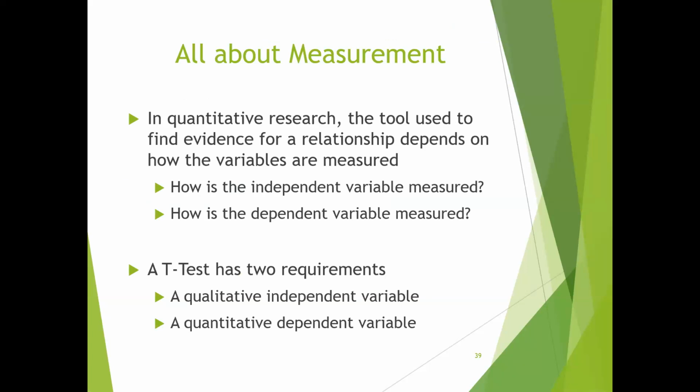One, how the independent variable is measured, and two, how the dependent variable is measured. We're going to start this conversation pretending that we want to figure out a relationship between a quantitative dependent variable and a qualitative independent variable. A quantitative dependent variable and a qualitative independent variable.